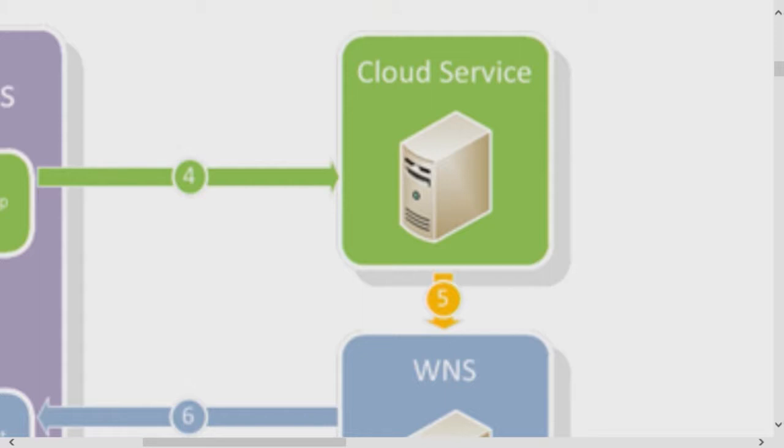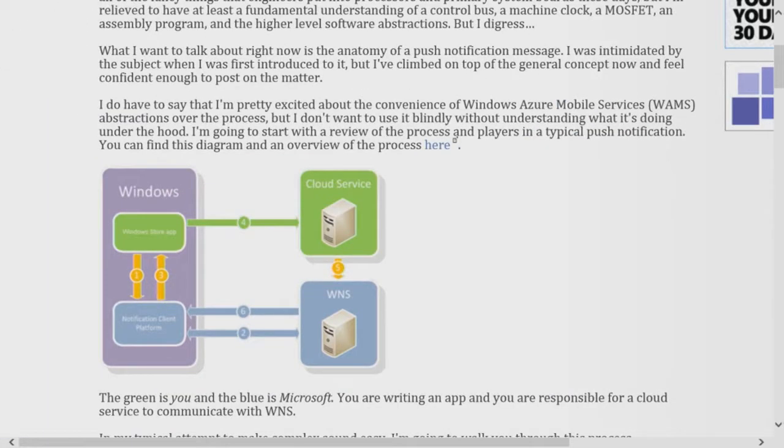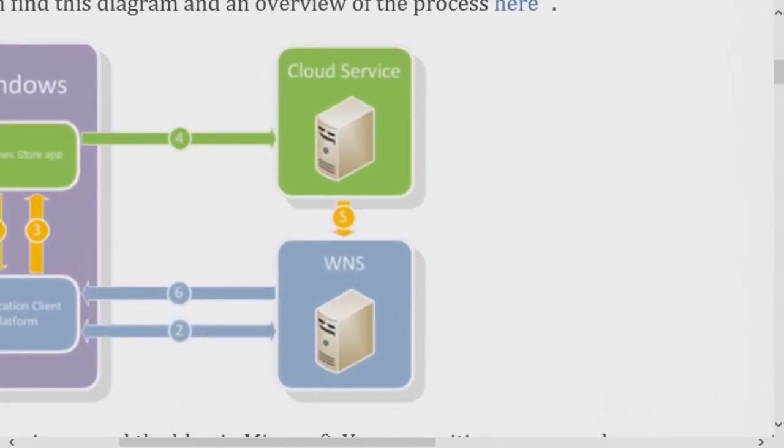Now you've got to write this web service; fundamentally, this is something that's in your realm of responsibility as a developer. So this cloud service, now you're going to find a secure way to get this channel URI up to that cloud service. Now once you've done that, your cloud service is actually the one that initiates with the Windows notification service.